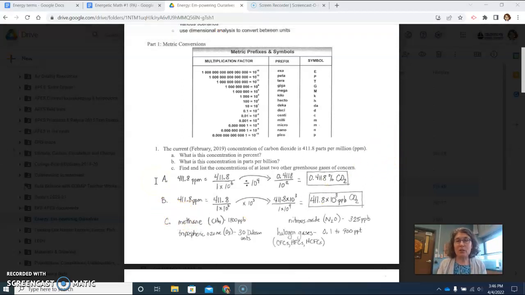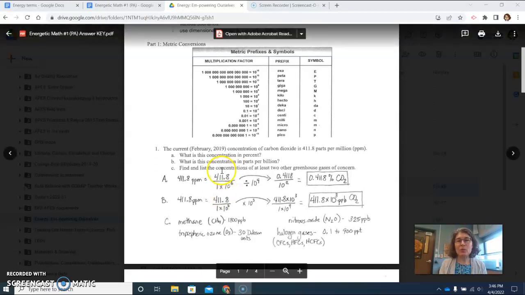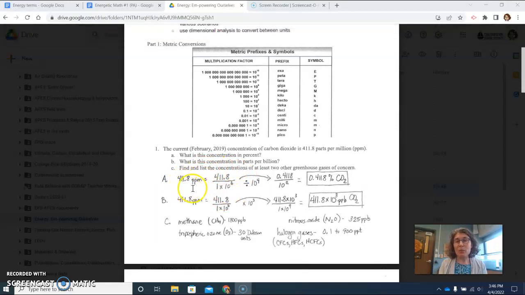You have a concentration in ppm, or parts per million, and the question asks you to express it in percent. Remember that in this whole problem set and in any math that we do in this class, you want to make sure you're showing your work, showing your units, and showing your final answer very clearly. So we have 411.8 ppm back in February of 2019.